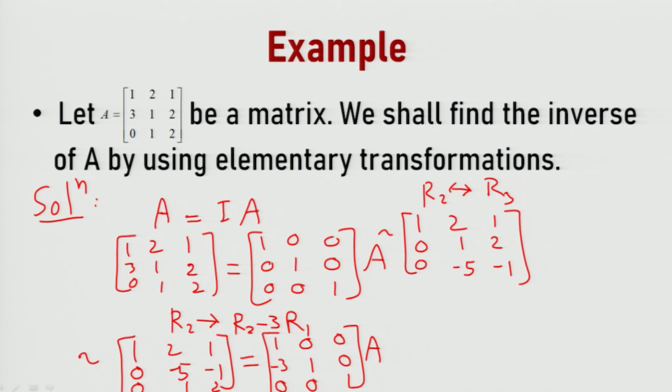Now the same transformation will be applied on the right matrix: the first row will not change, 1 0 0, the second row will be the third, 0 0 1, and then minus 3 1 0, into A.